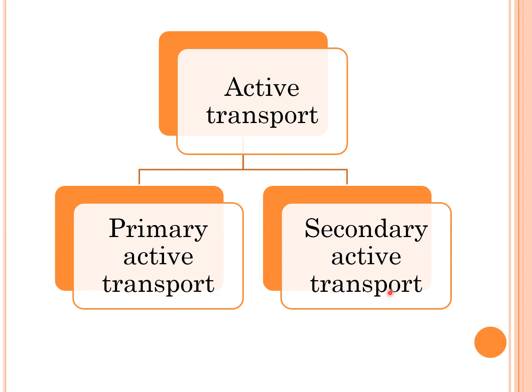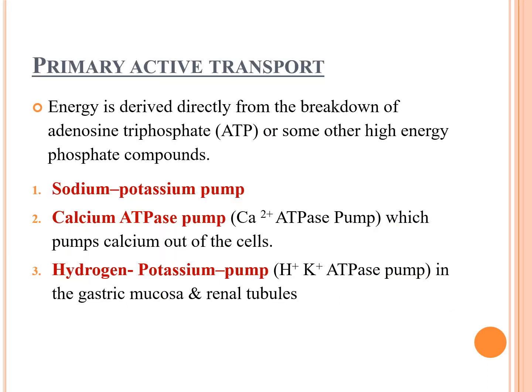In secondary active transport, when the primary active transport utilizes energy, some form of energy is stored in the form of ionic concentration difference in the cell membrane. Transport of one substance produces this ionic concentration difference in the cell membrane, which is utilized for the transport of some other substances, and this type of transport is called secondary active transport. We will study it in detail.